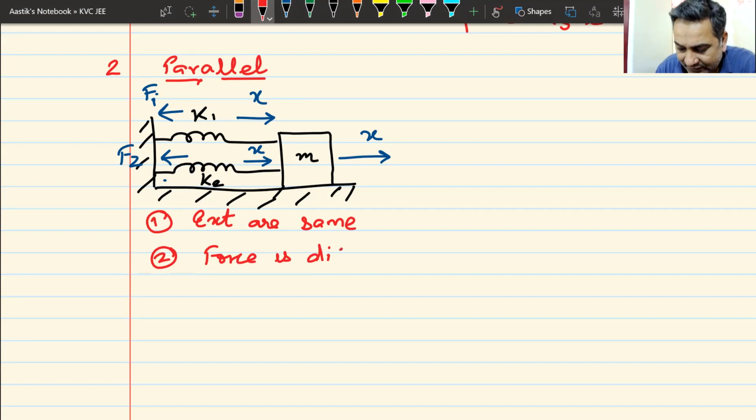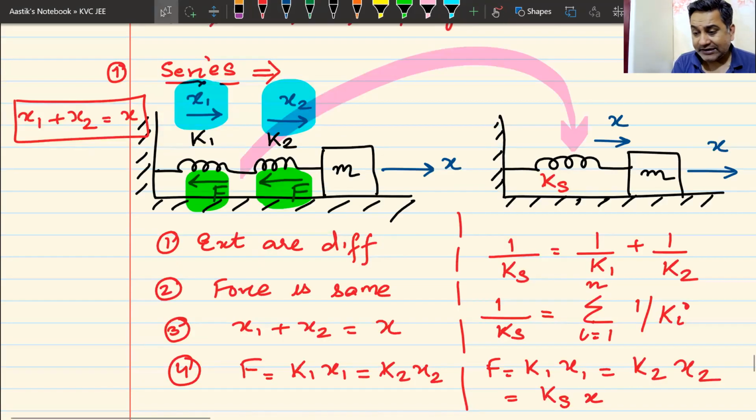So it is exactly opposite of what we had done previously. If I just take you to the previous slide, here extensions are the same in parallel combination and force is different. But if I take you to the series combination, you can see very clearly that extensions are different and force is the same.